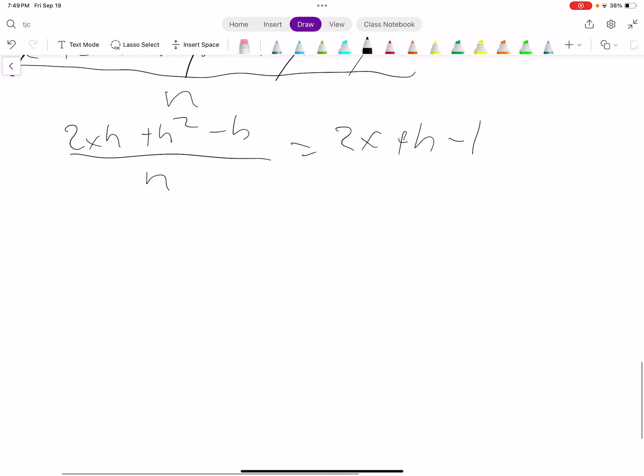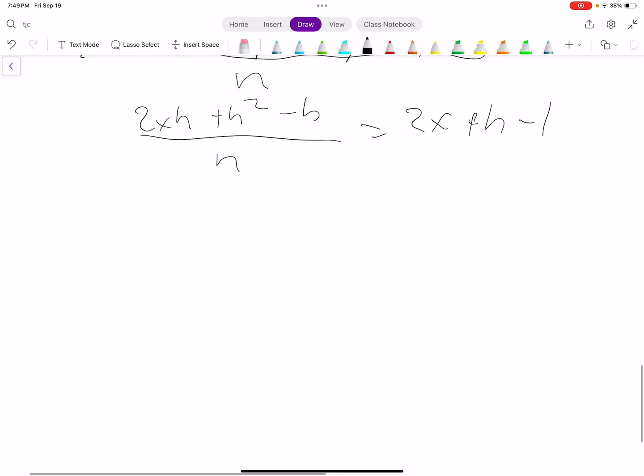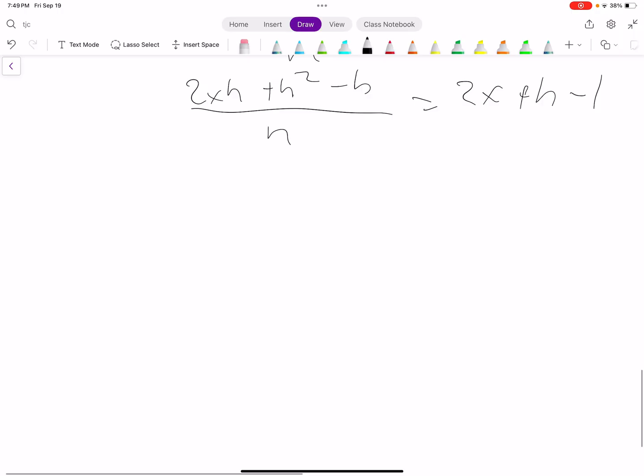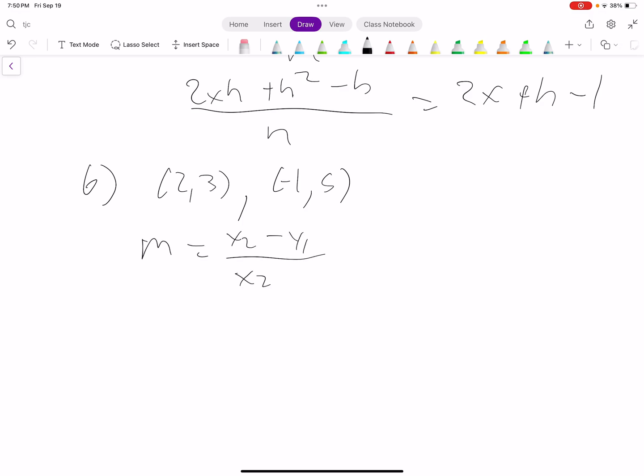All right, next question. Next question, number 6, is they're going to give you 2 points. 2, 3, and negative 1, 5. And they're going to ask us for the slope. So say find the slope. So the slope equation is y2 minus y1 over x2 minus x1.